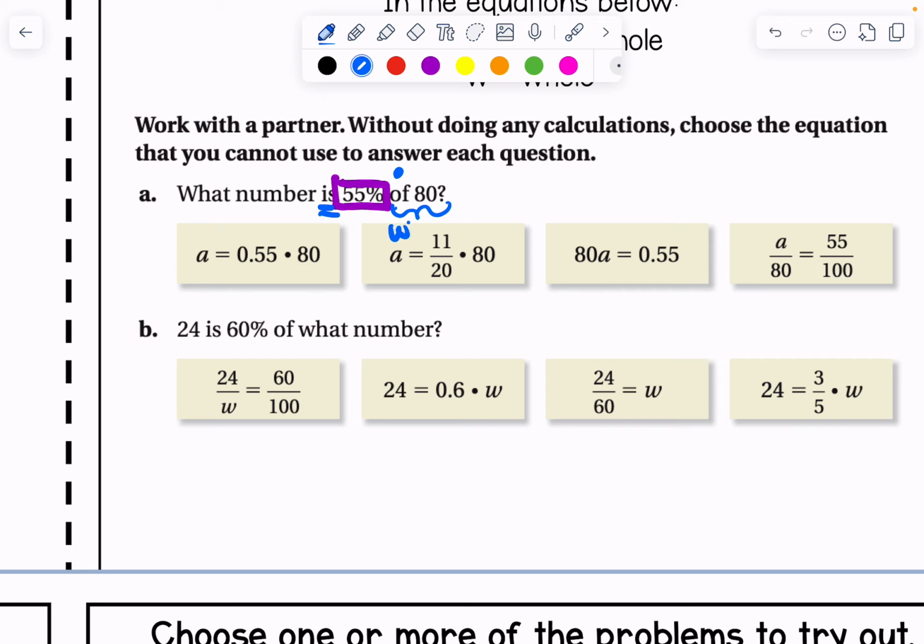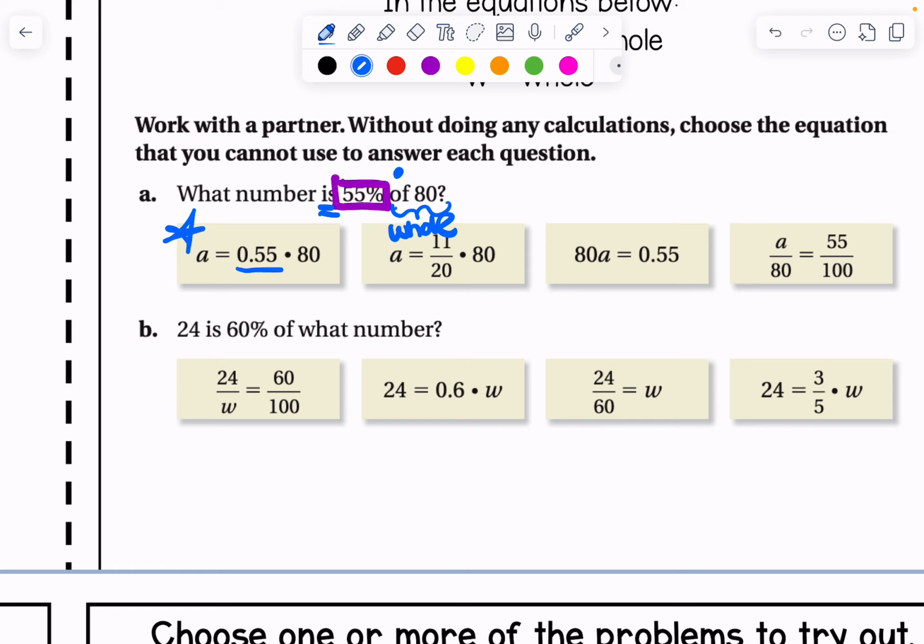So if I look at these equations, three of these equations will actually help me figure out 55% of 80. The first one we have is 55 hundredths times 80. Well, 55 hundredths is our 55% in its decimal form times 80, and that would give us the part. So that would be one strategy that we could use to figure out 55% of 80.